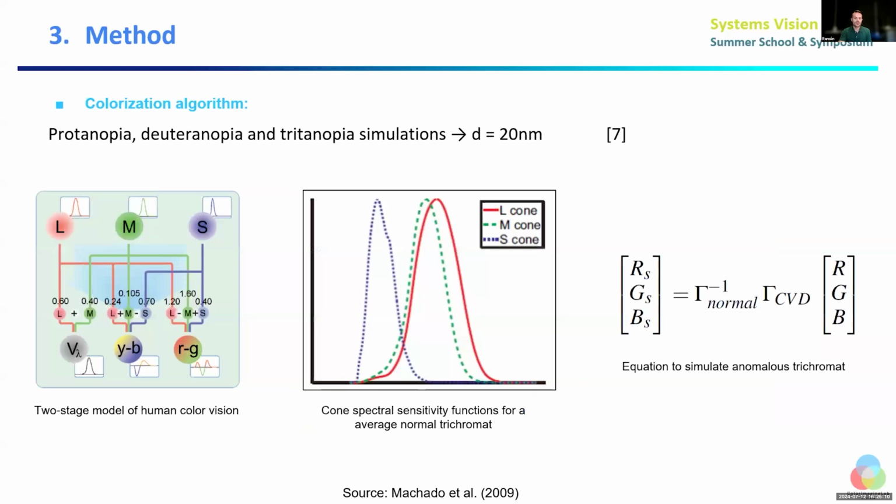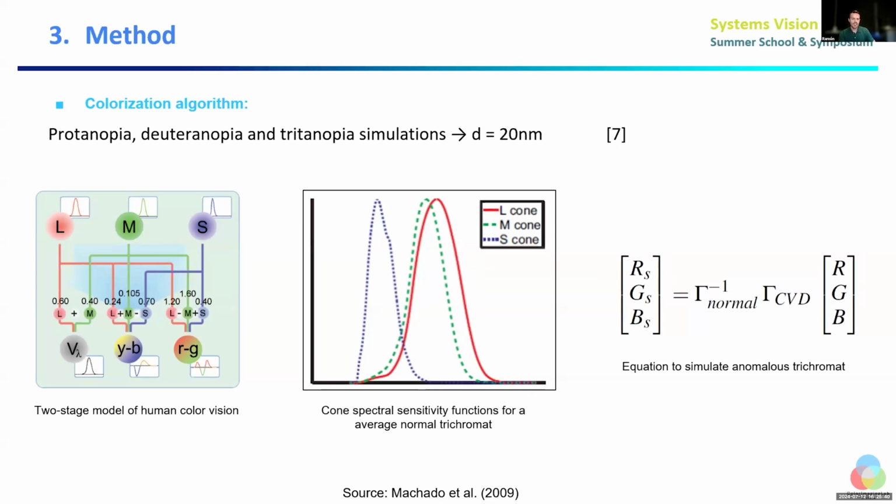The next step is to daltonize the images to simulate how people with a severe degree of color vision deficiency will see them. For this, we use the algorithm created by Machado and colleagues, a physiological-based model for simulating color perception, based on the stage theory of human color vision. This algorithm takes into account the cone spectral sensitivity functions for an average normal trichromat.